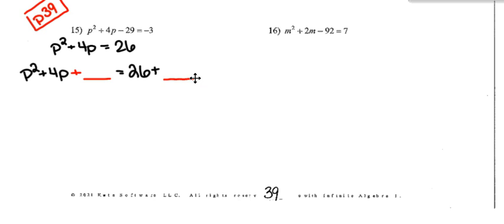Now you might remember from last year that the way that we're going to get this mystery number is by taking half of the coefficient, the number in front of p, and squaring it.